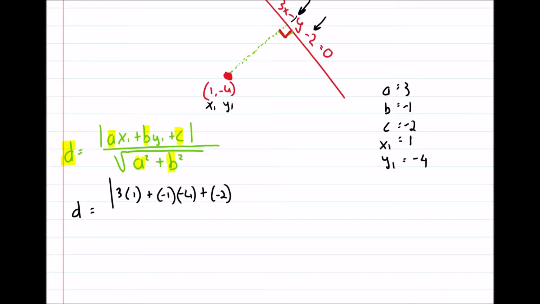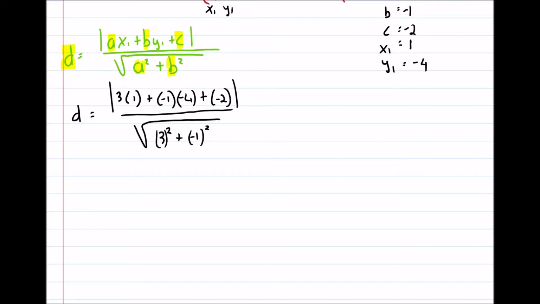And it's the modulus of that all over the square root of a, which is 3 squared, plus b, which is minus 1 squared. Could throw it all into the calculator. Bear in mind that whatever number we get on top, we have to take the positive version of it. So I'll just do it out.